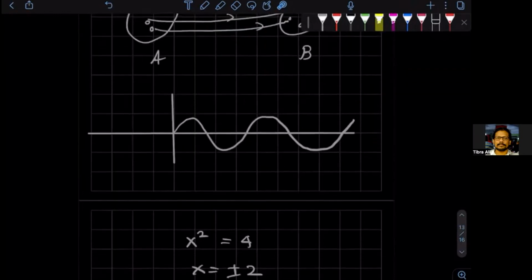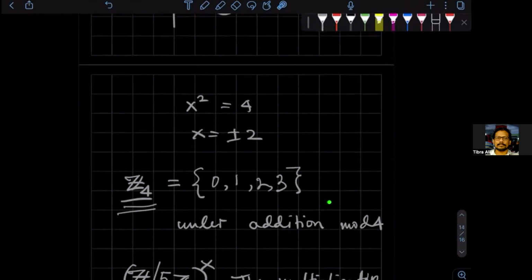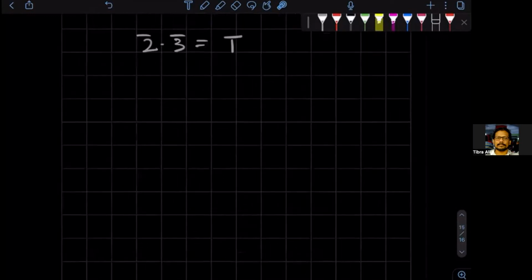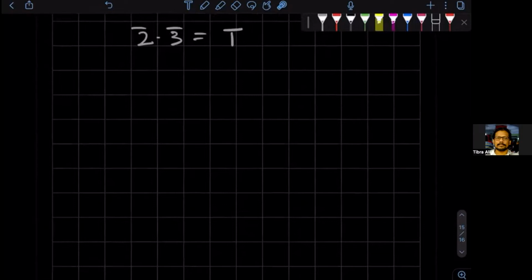And on the other hand, if I go back to Z4, all the integers are included in it, and it has a topology where 0 is identified with 4, and so on and so forth, right? So I'm taking a little bit of time, but I think it's worth doing. Let me give you the multiplication table. Let's write the multiplication table for Z4.